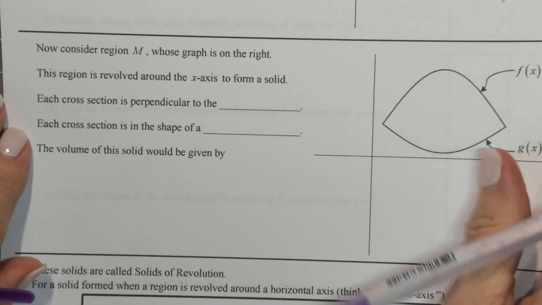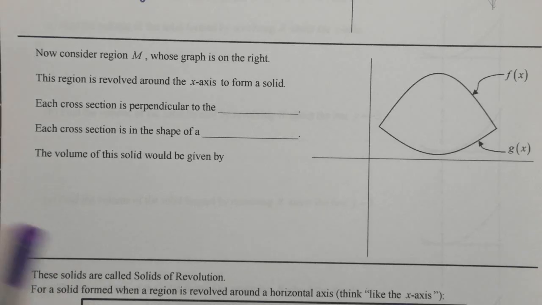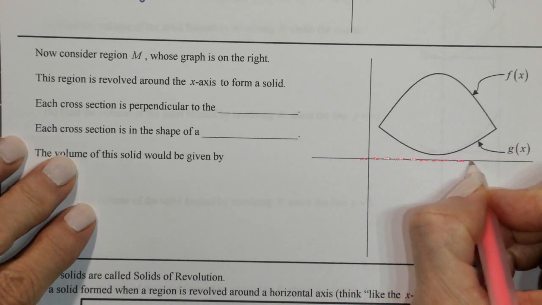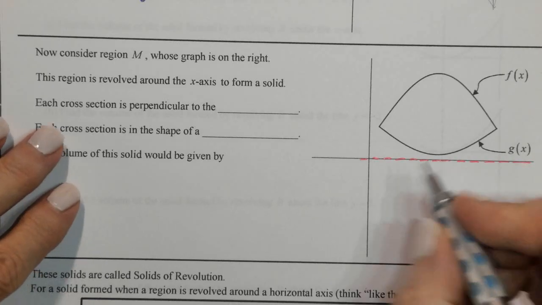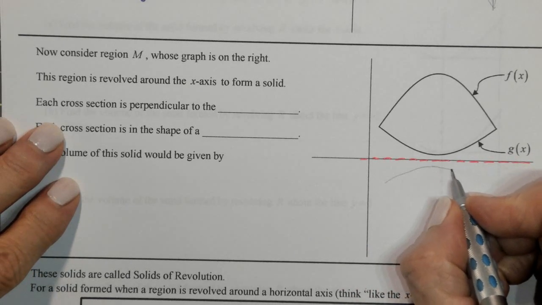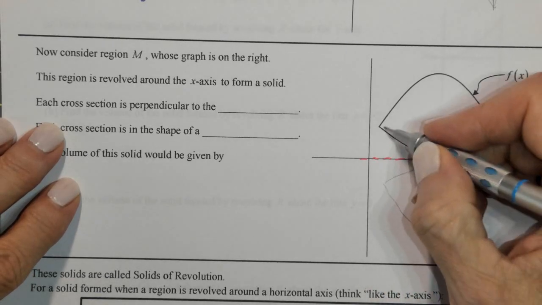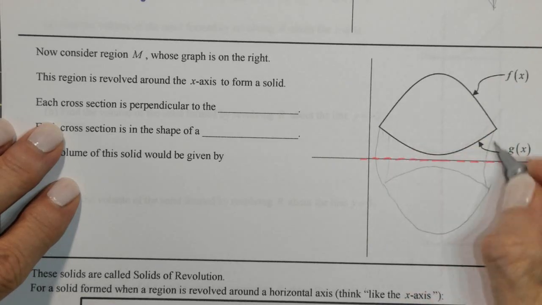Let's consider this region. Let's once again revolve this region around the x-axis. I like to put a dashed line on my axis of revolution. Now we're going to revolve this around the x-axis, and it's going to get a little bit more difficult to draw that image, but that will be empty.